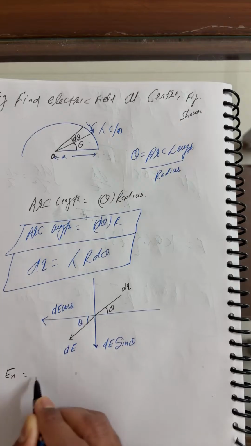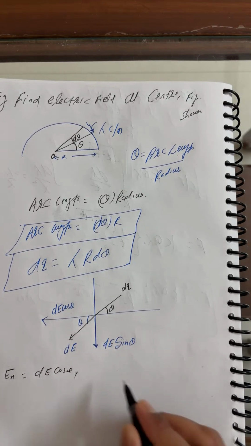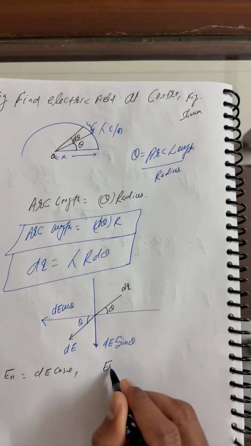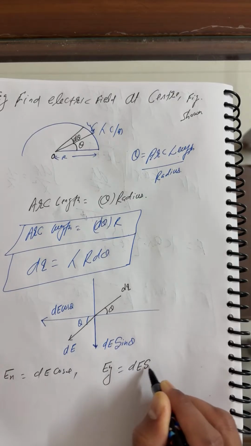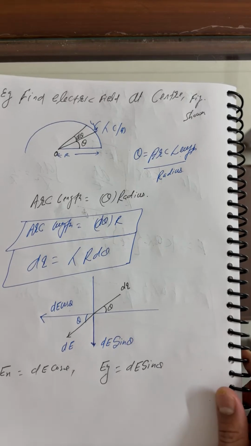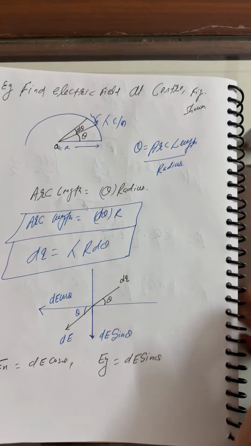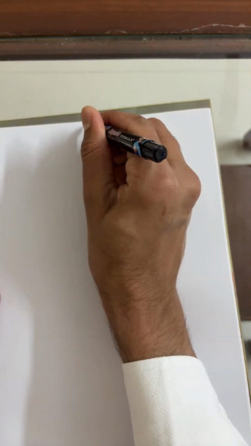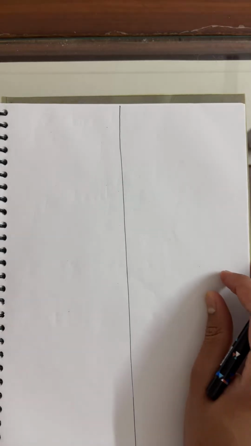Ex you can write as dE cos theta, and Ey you can write as dE sin theta. I'll calculate individually Ex and Ey.